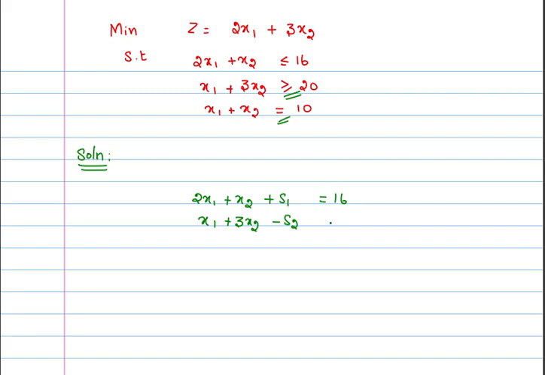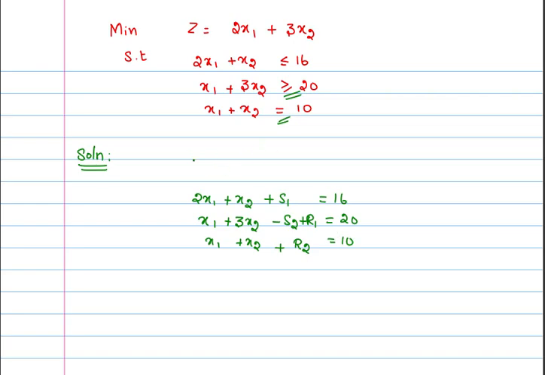Here we have to add the artificial variable, which we call r1, equal to 20. Here an equal symbol is already there, but we require an artificial starting solution. That is why we require one more variable: x1 plus x2 plus r2 equal to 10.